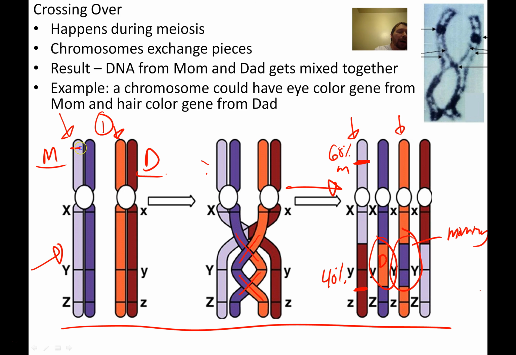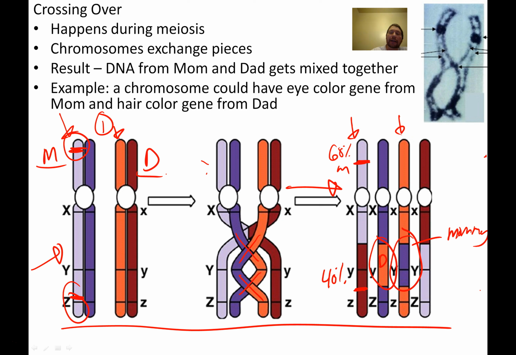And that's the reason why a gene that's up here and a gene that's down here are very unlikely to be linked to each other. They're more likely to get mixed up because you can see no example in this picture where this section of the DNA and this section of the DNA moved together to form a new chromosome. They got mixed up.